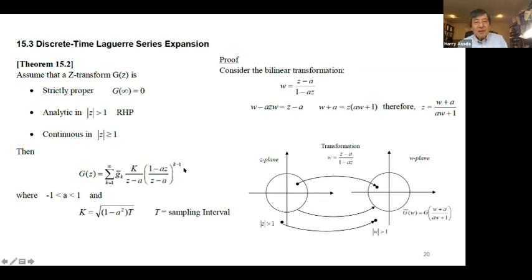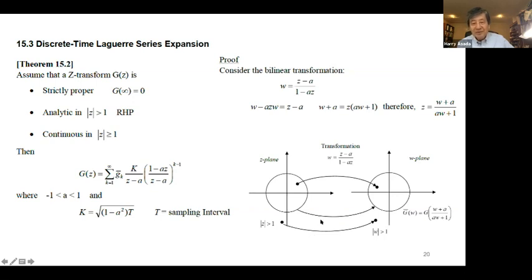Okay, now the key part is that this time we use a slightly different type of bilinear transformation, a transformation from complex number z to complex number w. So this is another bilinear transformation. If you take this bilinear transformation, it maps the z plane to the w plane: inside of the unit circle is mapped to the same unit circle, and outside to outside.